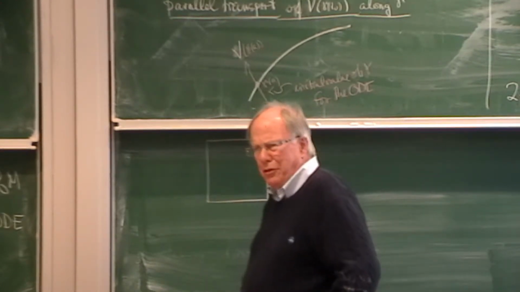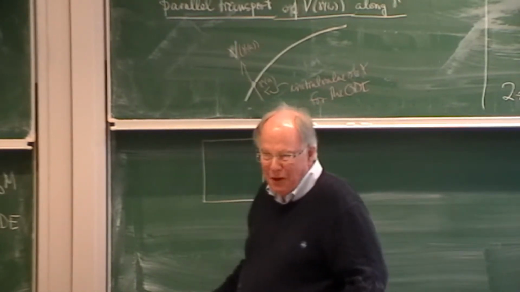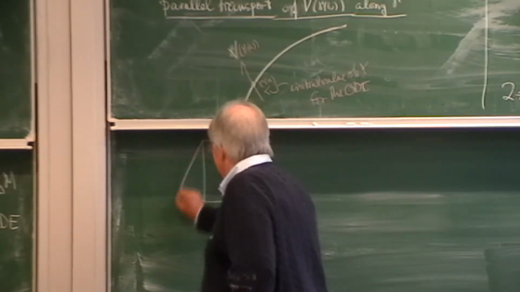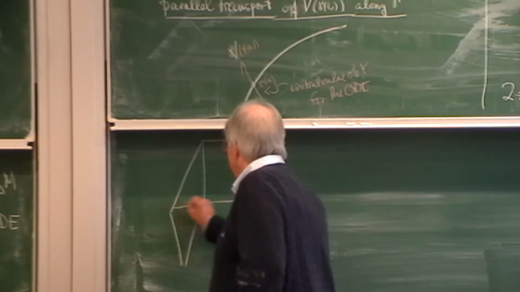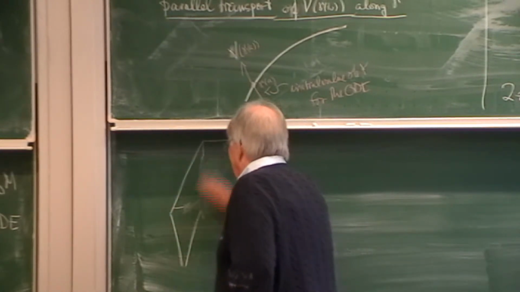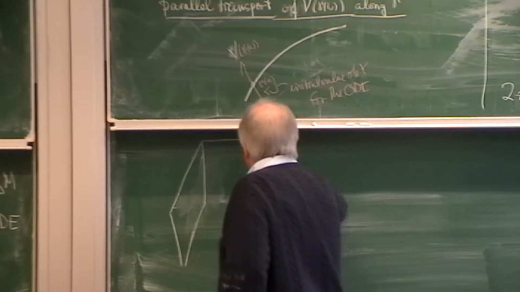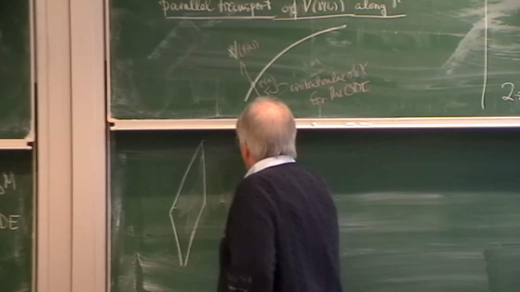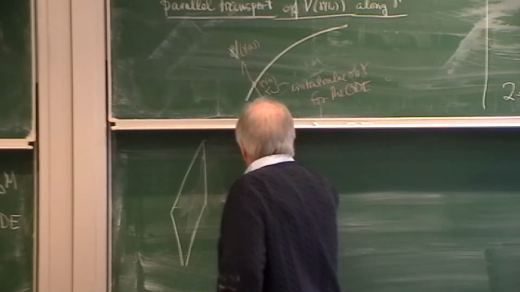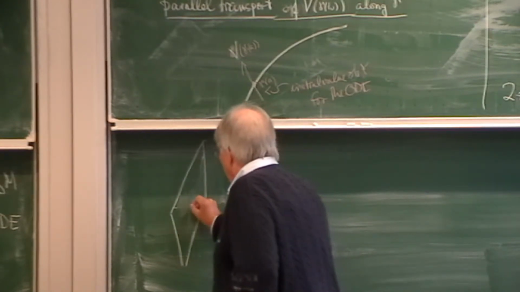I have to draw a three-dimensional picture, if you don't mind. I'll try. Oh well, okay. So there's the tangent space. There's the tangent space of one, five. Here are the tangents. Aha.